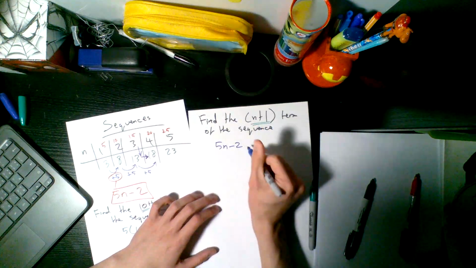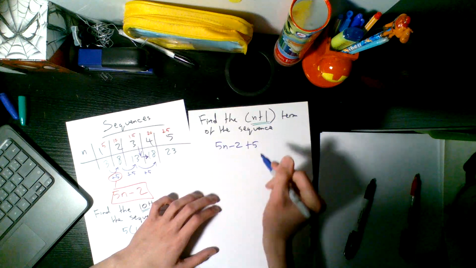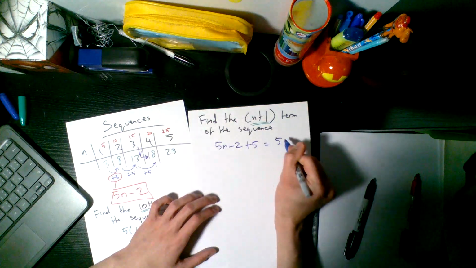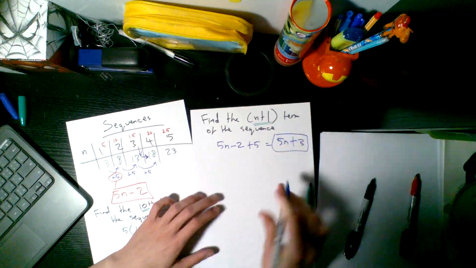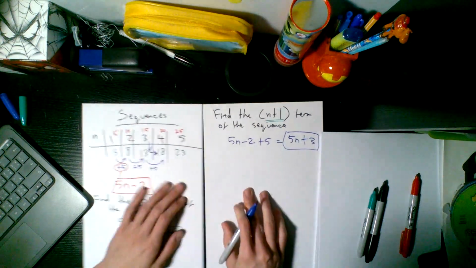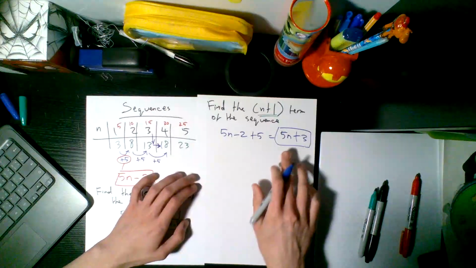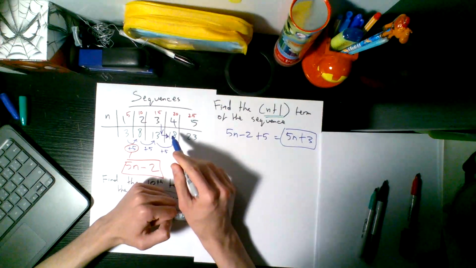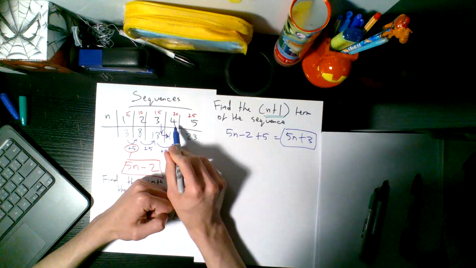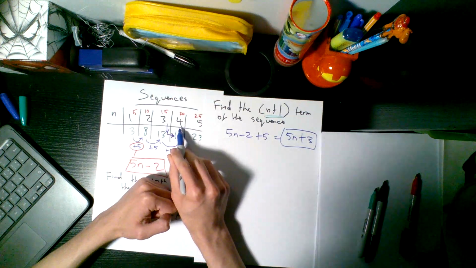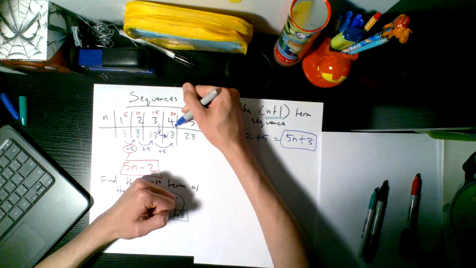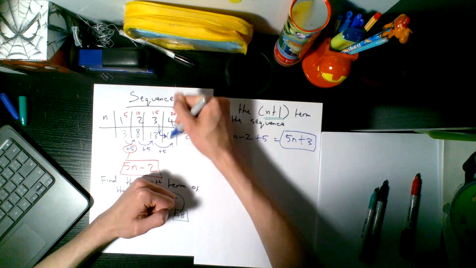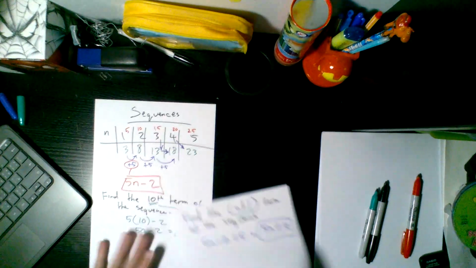So the n plus 1 term is 5n minus 2 plus 5, which is the same as 5n plus 3. Okay, so to find the term after it, we have to do 5n plus 3. Let's try with the 4. So if we do 5n, 5 times 4 is 20, and then plus 3, it's 23. So we find the term after it, not the term directly underneath it, okay?